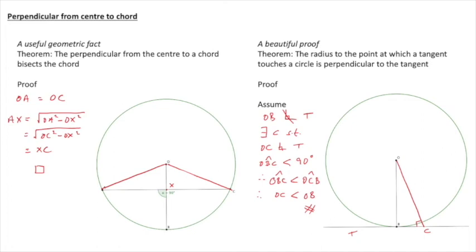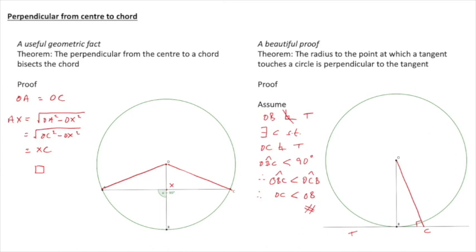And that symbol with the two slashes going both ways looks a bit like a hashtag symbol. That means contradiction. So we started with the assumption that OB was not at right angles to T. Every step we've done is a permissible mathematical step, but we've ended up with a statement we know must be false, i.e. that OC is less than OB.